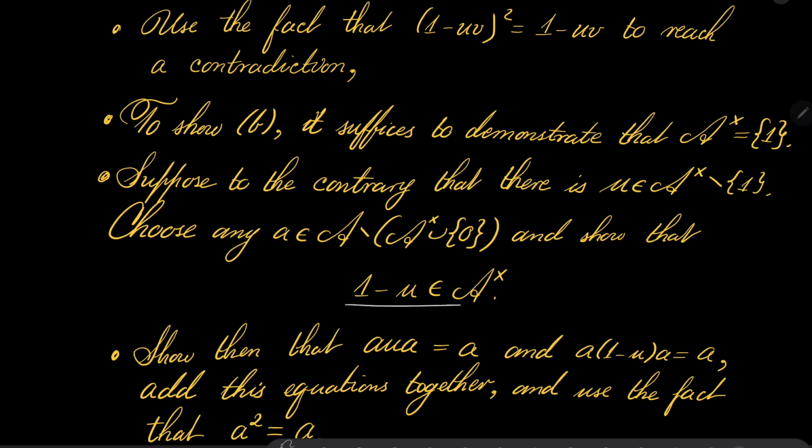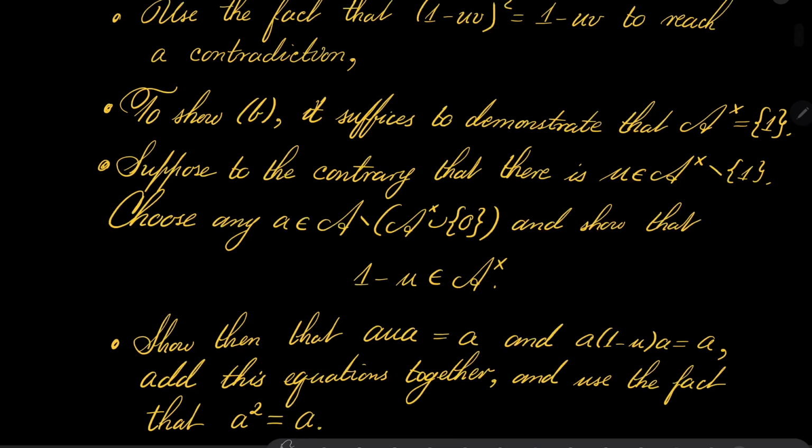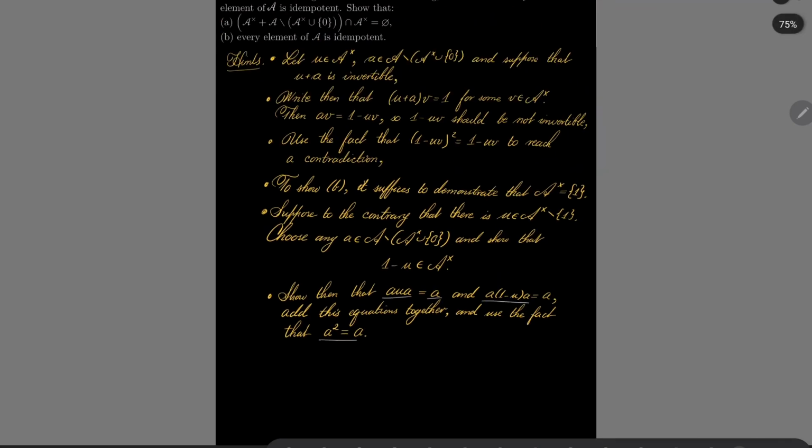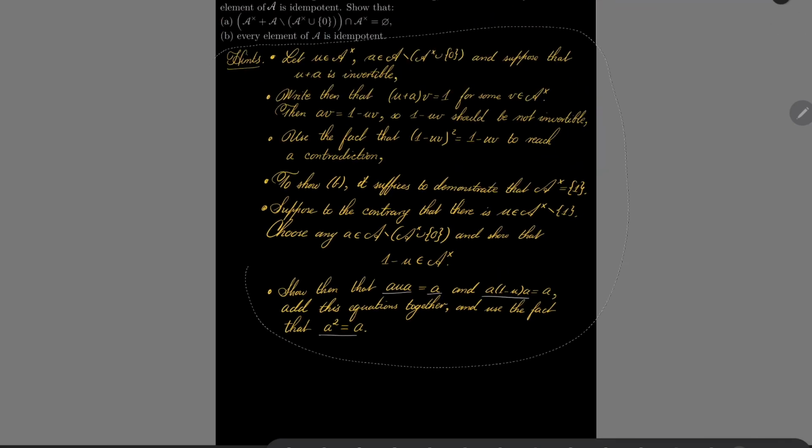Show that 1 minus u is invertible, and then show that aua is a, a(1 minus u)a is also a, and add these equations together to show that it is in fact impossible. Along the way, use the fact that a squared is a. So give this problem a try, and I will see you in just a minute.